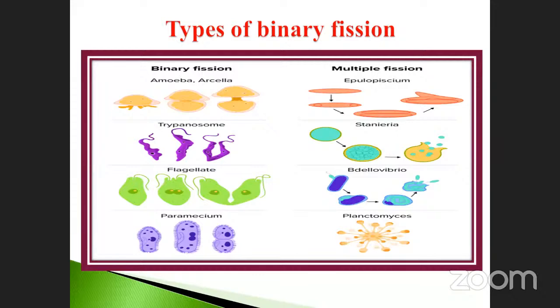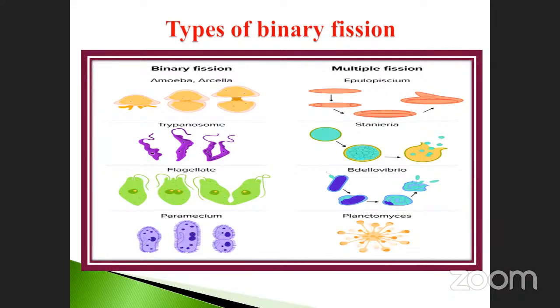Types of binary fission we already discussed. Binary means a single cell divided into two daughter cells. Trypanosomes, flagellates, and also paramecium, these are all binary fissions. But what about these? Multiple fission. Multiple fission means the single mother cell gives rise to more than one nucleus inside and divides.